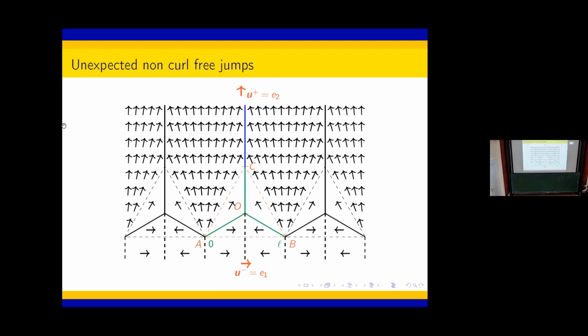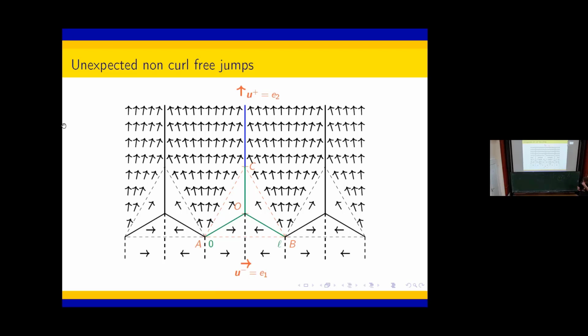And this has a finite cost. At the limit, when I send the period L to 0, I obtain this limit vector field of direction, which is clearly not curl free.